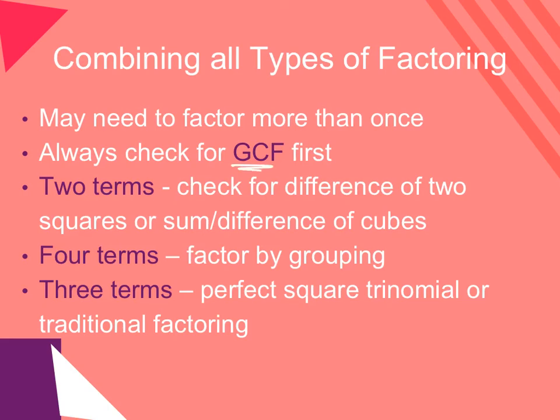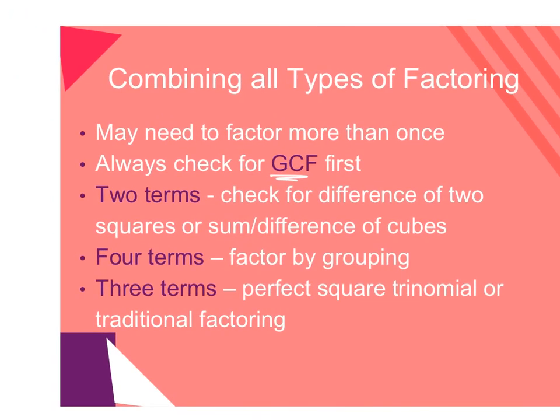If you do, you factor that out first, and then you're going to look to see, do I only have 2 terms? If that's the case, then I potentially could have the difference of 2 squares or the sum or difference of cubes. If I have 4 terms, then I'm going to factor by grouping. If I have 3 terms, then it's either going to be a perfect square trinomial or it could be the traditional factoring that I just finished teaching you. So let's try the next 3 examples, and then I'll finish the last 3 tomorrow.